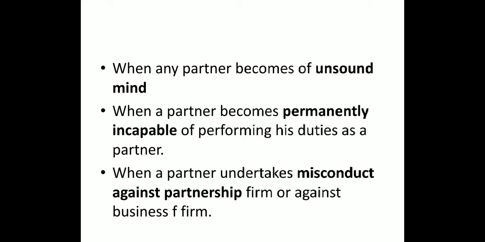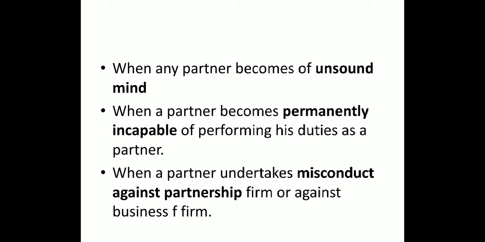The second point says, when a partner becomes permanently incapable of performing his duties as a partner. This is a very simple point. You can continue any sort of activity only if you are capable of doing the same.